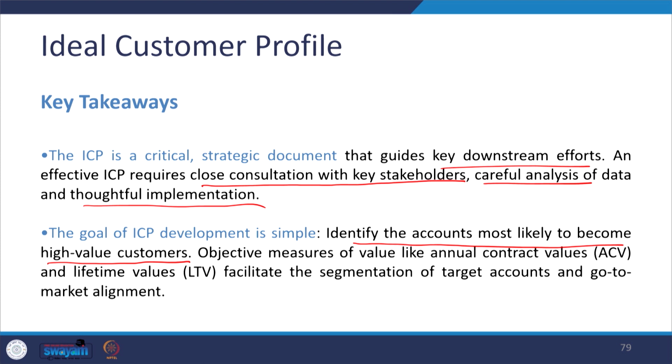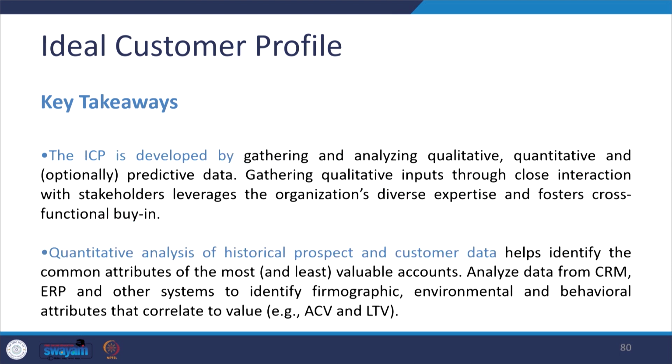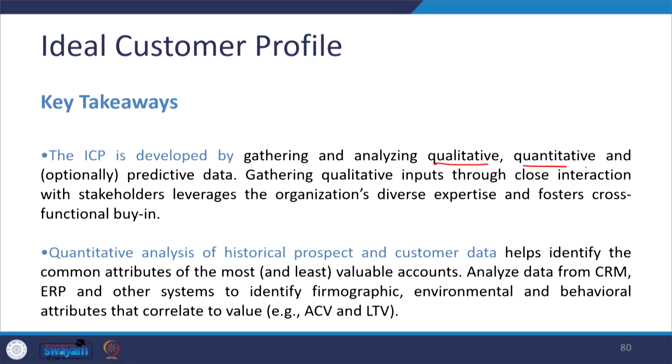Objective measures of value like annual contract values and lifetime values facilitate the segmentation of target accounts and go to market alignment. The ICP is developed by gathering and analyzing qualitative, quantitative, and sometimes predictive data as well. Quantitative analysis of historical prospect and customer data helps identify the common attributes of the most valuable accounts.